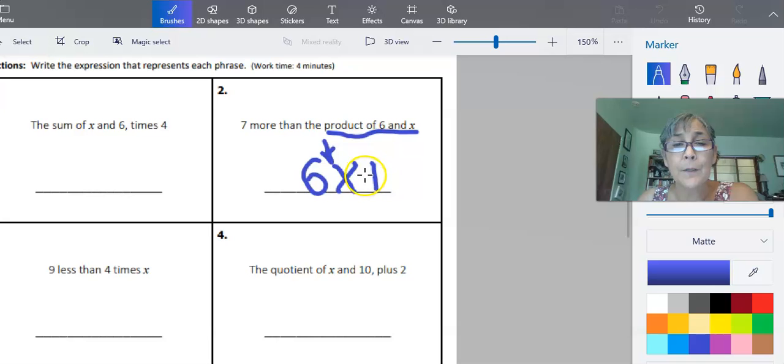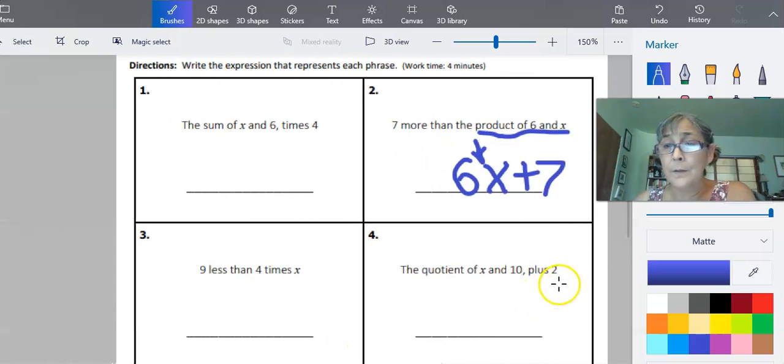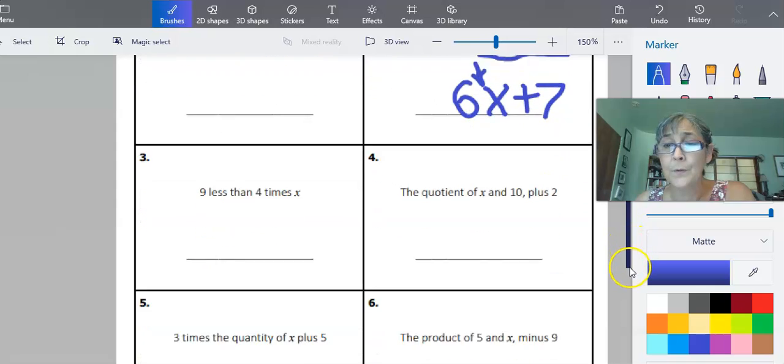I'm going to put the 7 over here, plus 7. Multiplication is the only one where you don't have to put parentheses around it if you want it to come first. The other ones, add, subtract, or divide, have to have parentheses to show they come first.